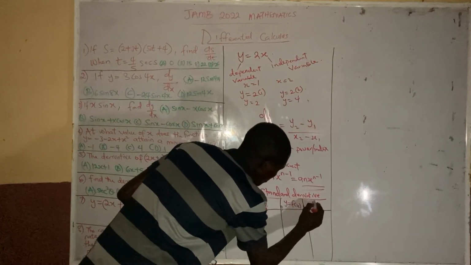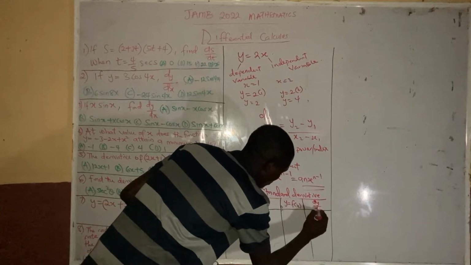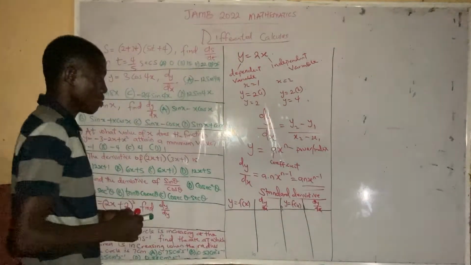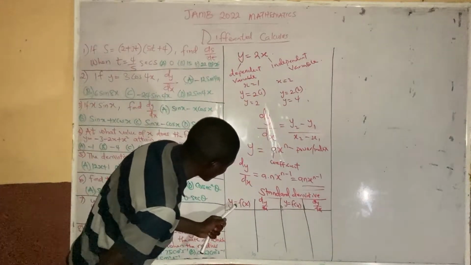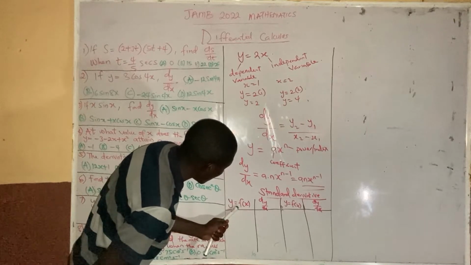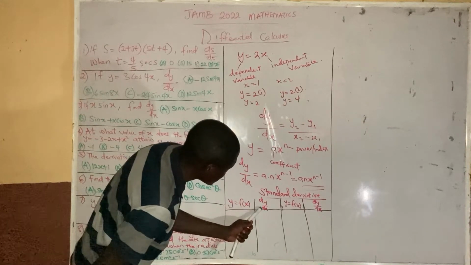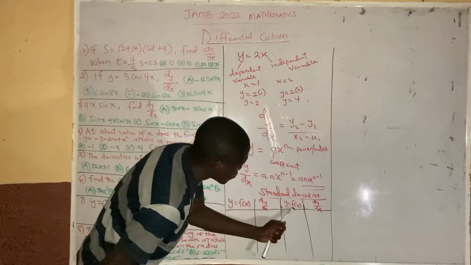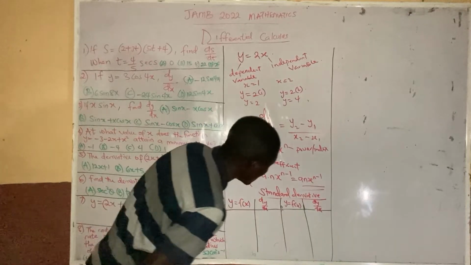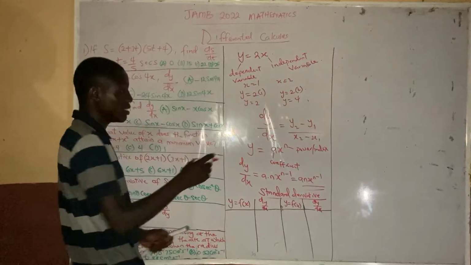Very well. Now, y equal to function of x, the derivative is dy over dx. Y equal to function of x, dy over dx. Now, the first derivative is what?